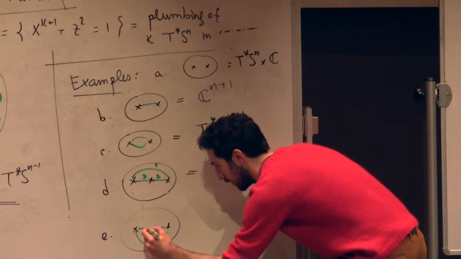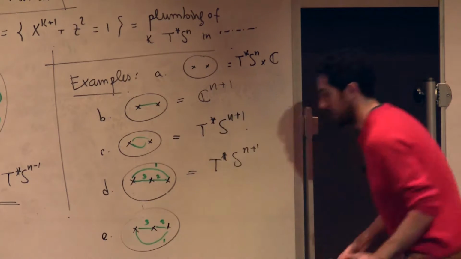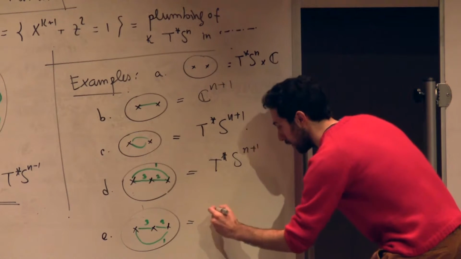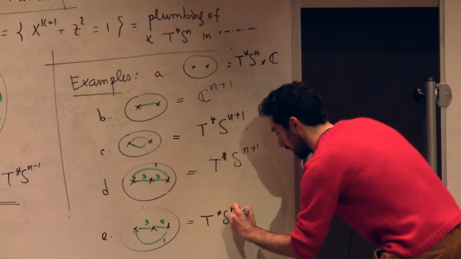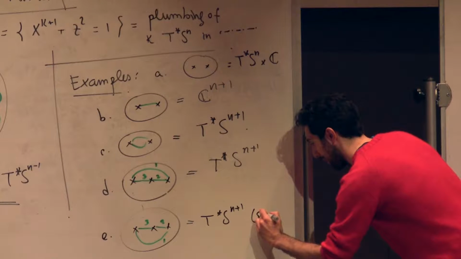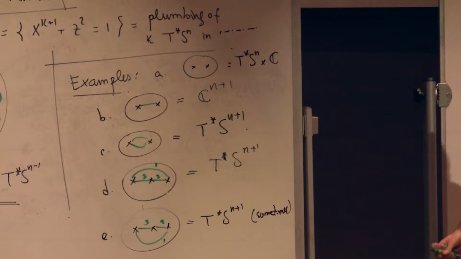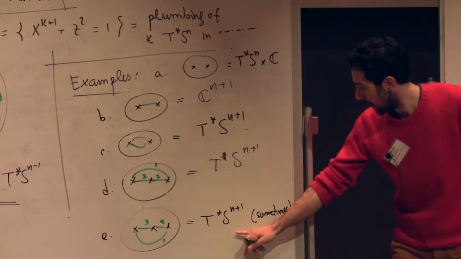So again, you will have 1, 2, and 3. So this is sometimes the same smooth type. For instance, in dimension 6, it's this. In dimension 4, it's not.